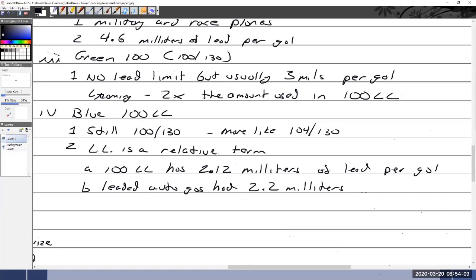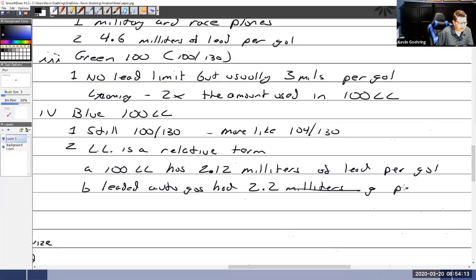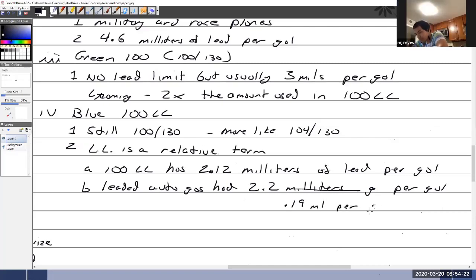I'm sorry, my notes say grams per gallon, which is different. I did read something that was like 0.19 milliliters per gallon. So if that's accurate, that's a lot more, a tremendous amount more. I should convert this from grams to milliliters. I'm not sure if my notes are right. I just wrote it in there real quick.